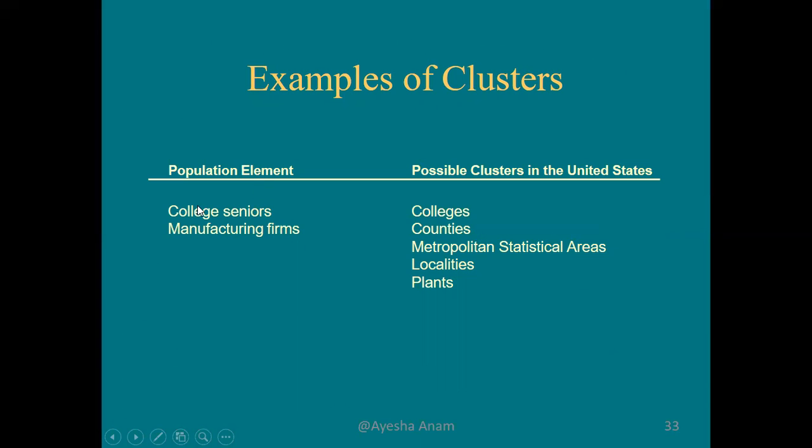Examples of clusters. Suppose the population element is college seniors. Then possible clusters are colleges, counties, metropolitan statistical areas, and localities. For manufacturing firms, again counties, metropolitan statistical areas, localities, and plants.